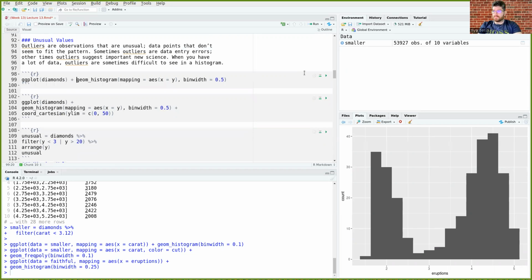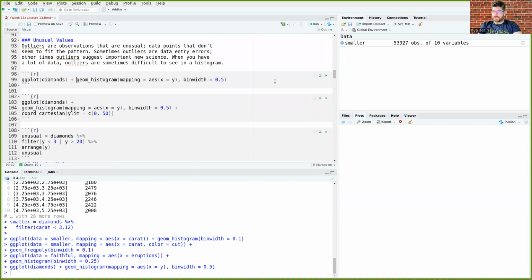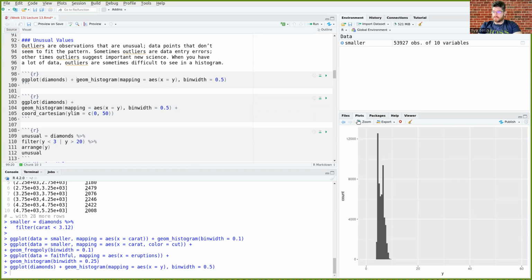So the first option about the unusual values is looking at this kind of data. It's not pretty obvious, but if the y variable here stretches in this direction very far, that might be some kind of value, and we simply cannot see it.